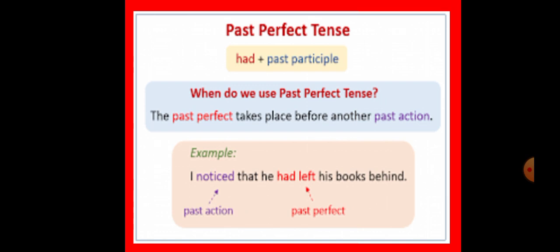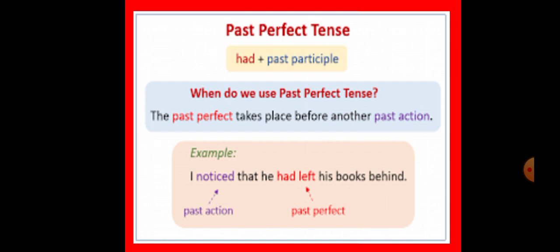See the example. I noticed that he had left his books behind. Which is the first action? Good. He left his books behind, right? So, we should use past perfect. What is the formation? Yes, subject plus had plus past participle. Okay, so had left.